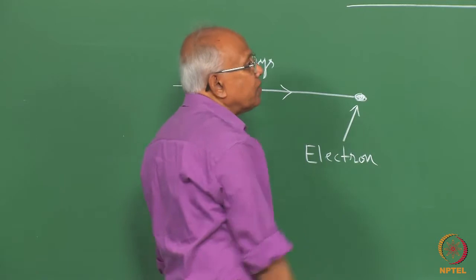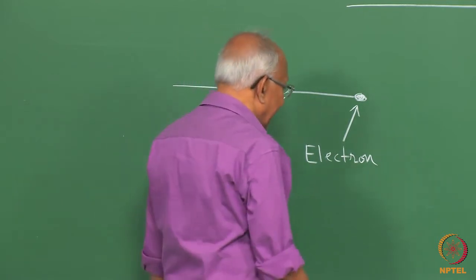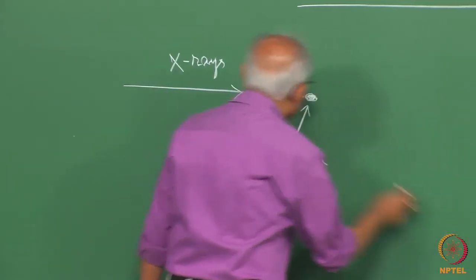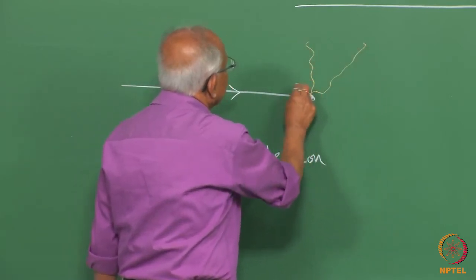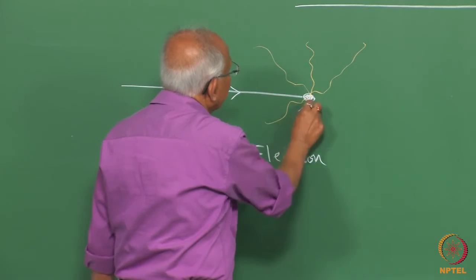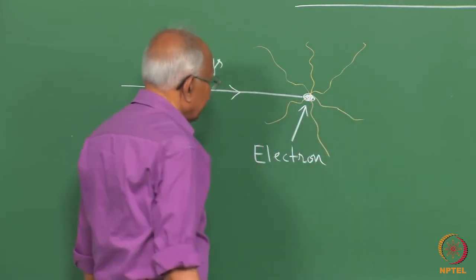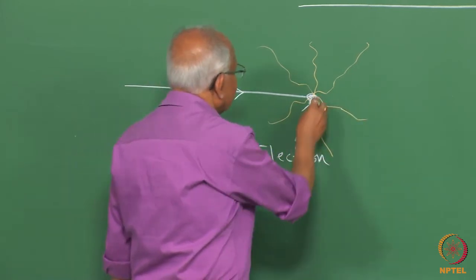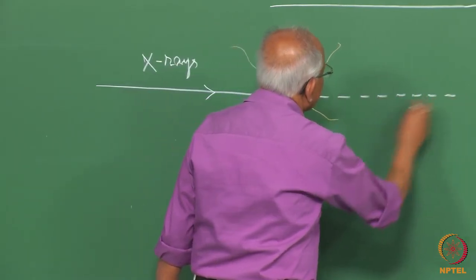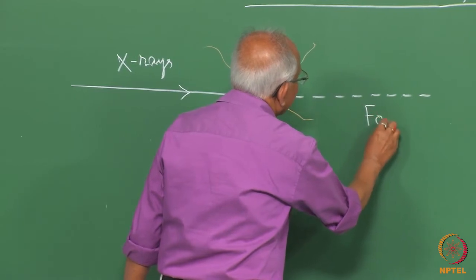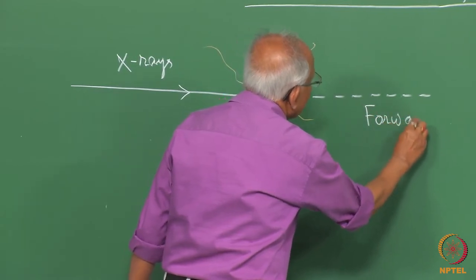This electron will act as a scattering center, and it will start scattering the radiation in all possible directions. So, this is what is known as the forward direction of scattering.